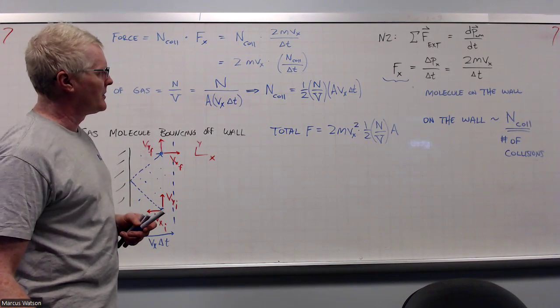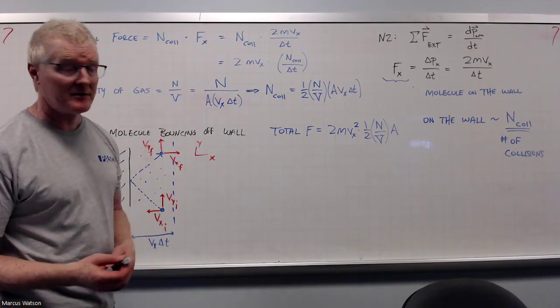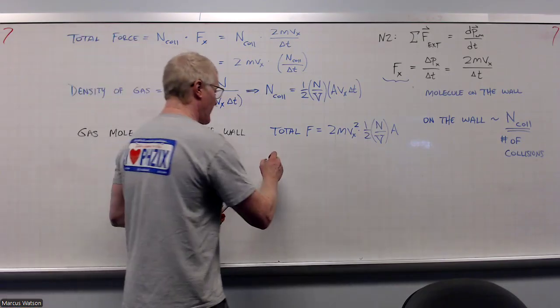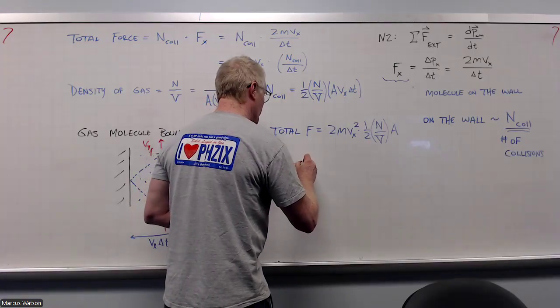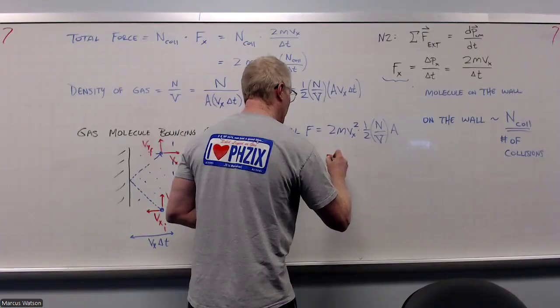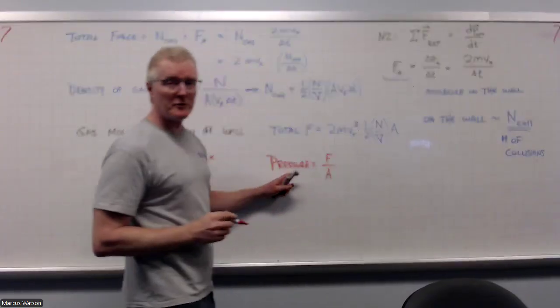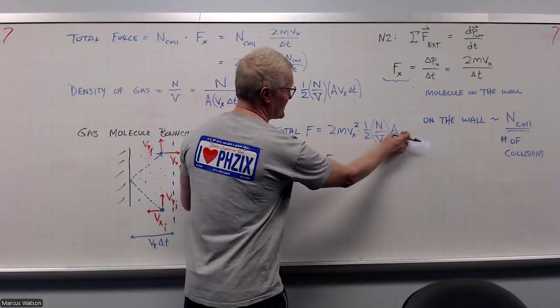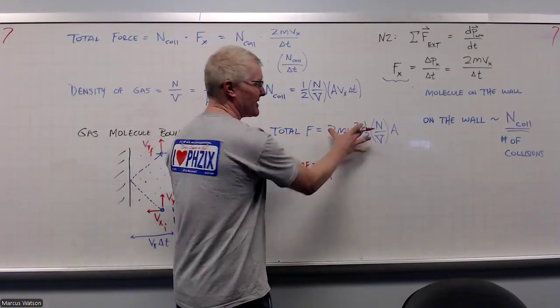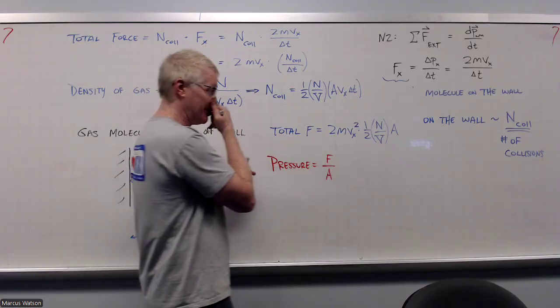Alrighty. Well, look at what we have, right? If I wanted to calculate the pressure, I would do the force per area because that's what the pressure is, which would mean I would take this area, swing it underneath, and then whatever's left over is what the pressure is, right?